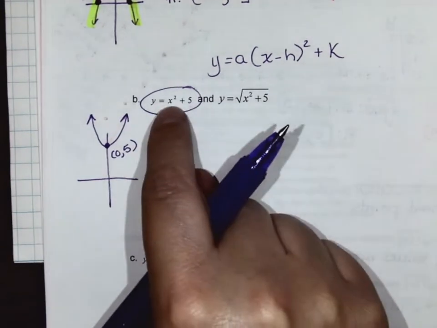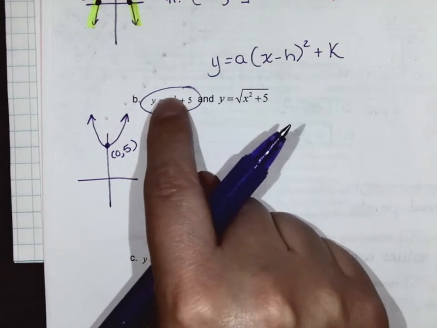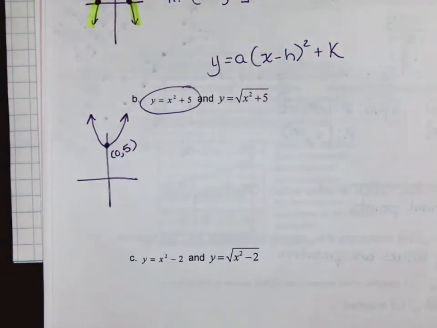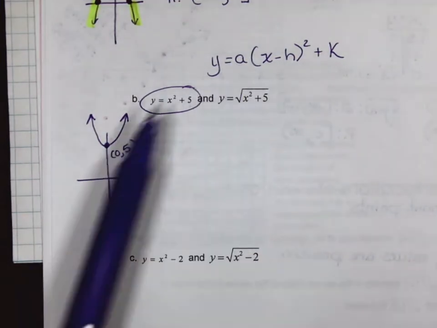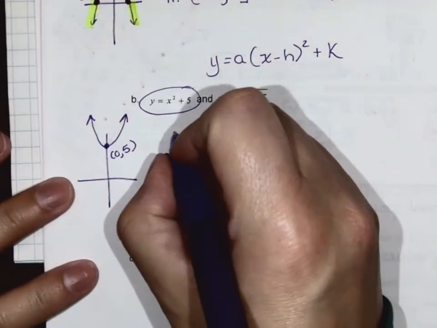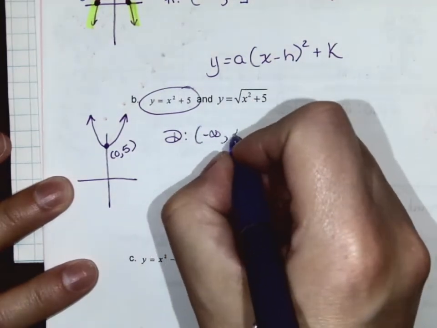And there's nothing in brackets with the x, so we know it has a value of 0, and then the constant added to it, so 0 and 5 would be my vertex. We know it opens up because a has a positive value. Okay, that's grade 11 in a nutshell. Look at that. Done. Okay, let's do domain and range.